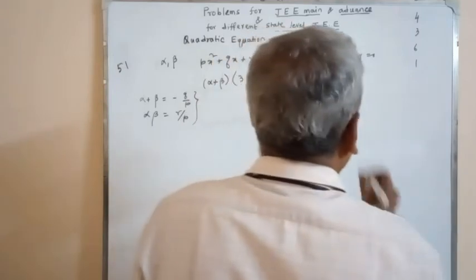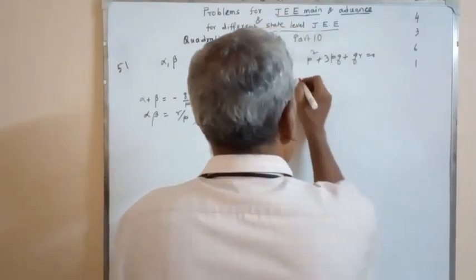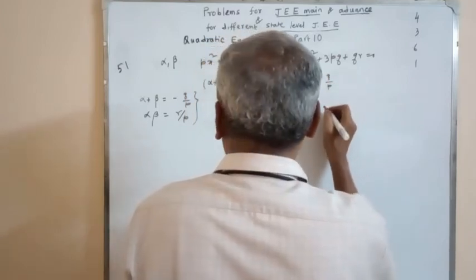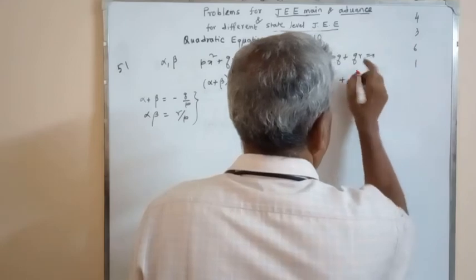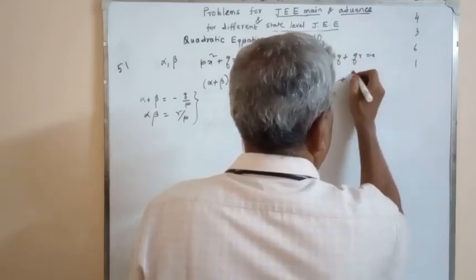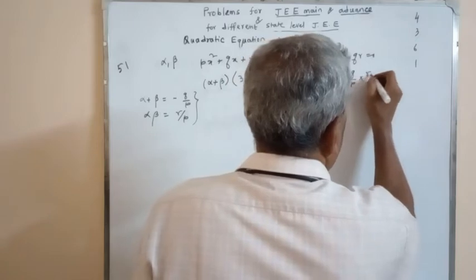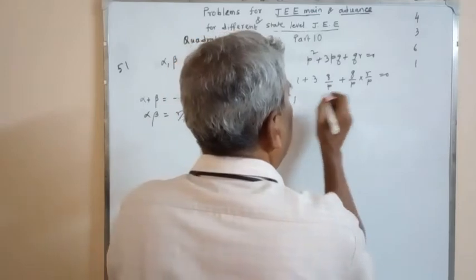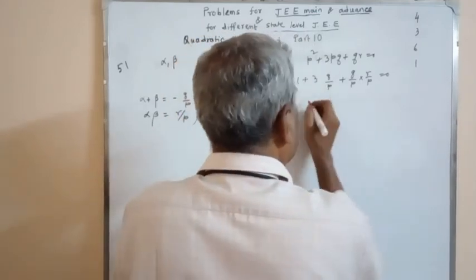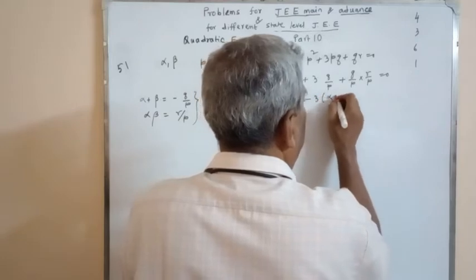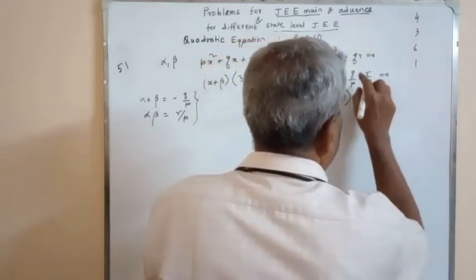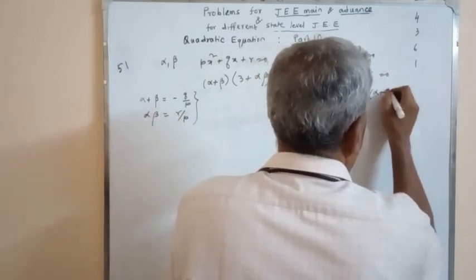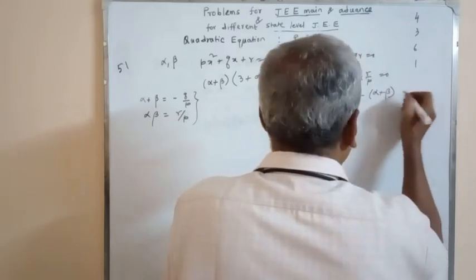Now, dividing both sides by p square, we get 1 plus 3q by p plus qr by p square, that is q by p into r by p, is equal to 0. Now q by p is minus (alpha plus beta), and r by p is alpha beta.